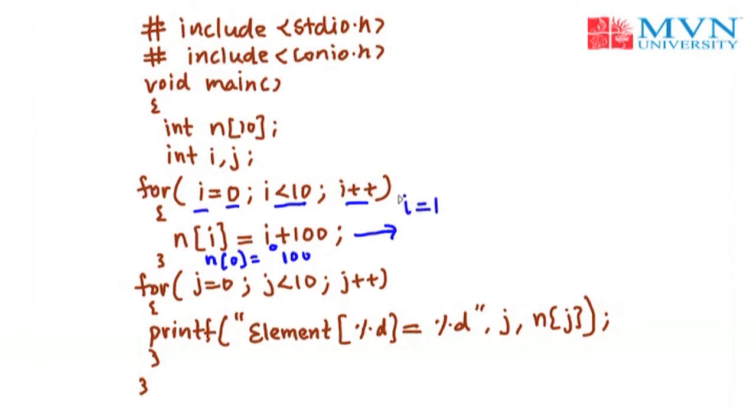Then this statement is executed again, and n[1] will be equal to 1 plus 100, that is 101. Then again the condition will be checked. If it is true, then i will be incremented again and the value of i will be 2. In this way, this for loop continues until this condition becomes false. And in the next for loop, we are printing the values of the array elements.